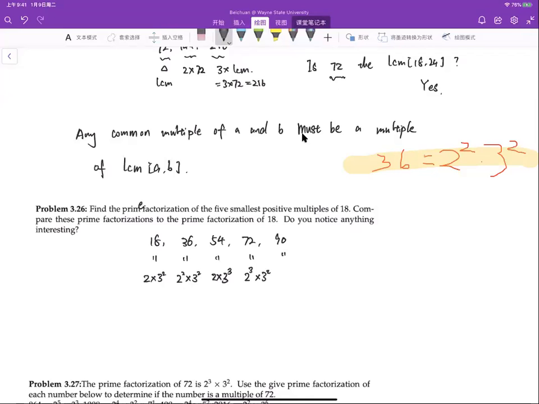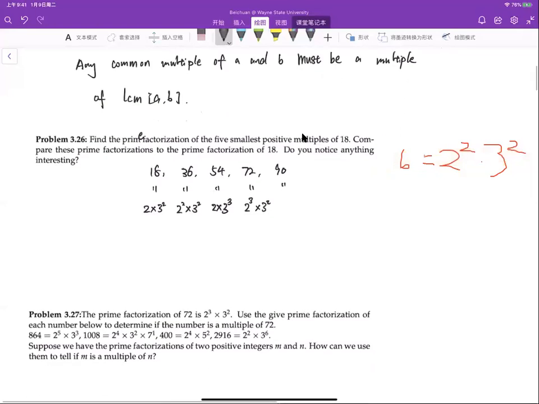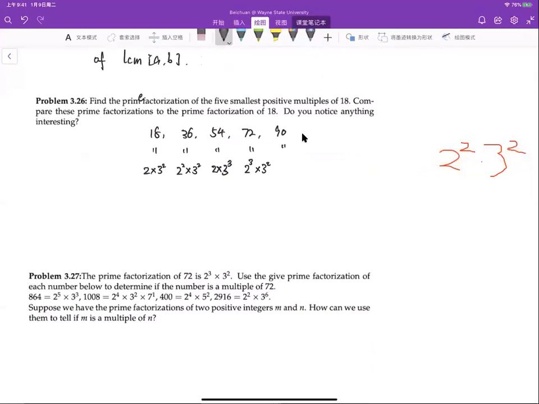It's 2 times 3 squared times 5. All right, so that's the prime factorization of 90.